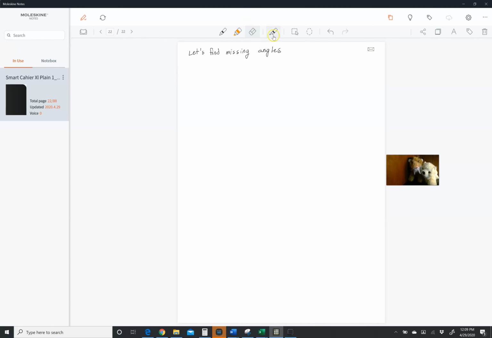Okay, so for missing angles, let's just do a bunch of examples. So this time, you're given the sides, and the angle is what you're trying to find. So let's say that this is 11, and this is 8.